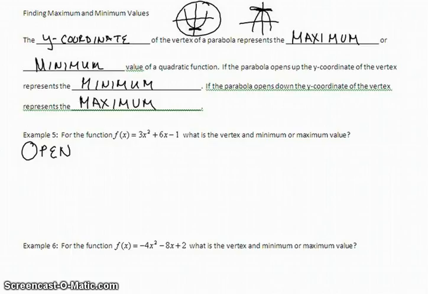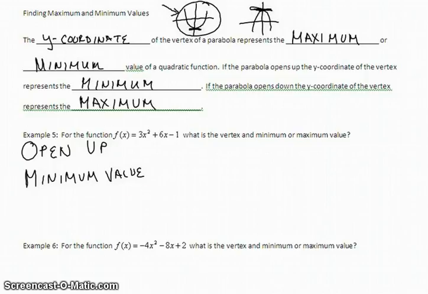Since it's positive, it's going to open up. Since it opens up, I have this situation on my graph. I know I'm going to have a minimum value simply because that graph opens up.